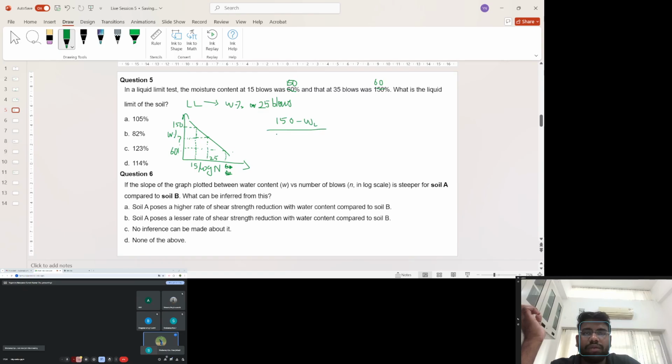The liquid limit by 15 blows, log of 25 by 15, equal to liquid limit, or you can enter the entire value also. So 150 minus 60 by log of 35 by 15.